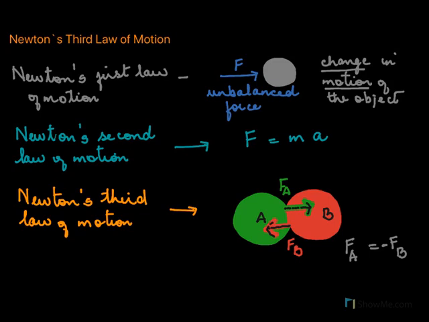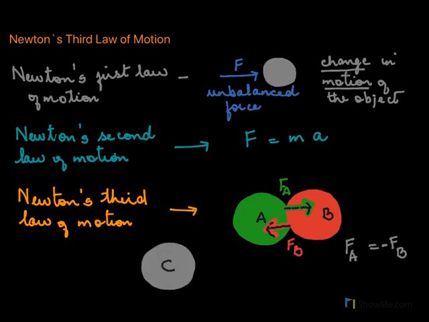The next question comes: will they cancel each other? Are they balanced forces, because these forces are equal and opposite? They are not balanced forces. To be balanced forces, they should be acting on the same body.